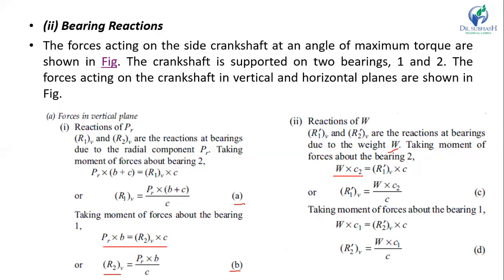Therefore, R1 dash V is equal to W into C2 by C.